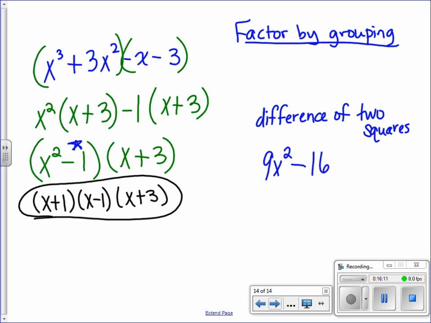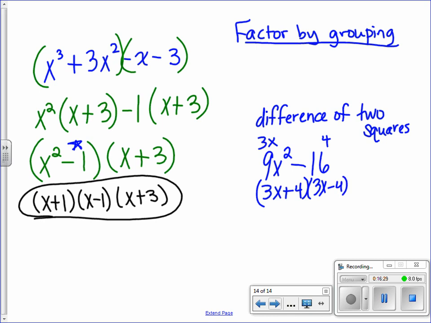So, see, this is a perfect square, 3x. This is a perfect square, 4. You factor this, it's going to go to 3x plus 4, 3x minus 4. Every time.